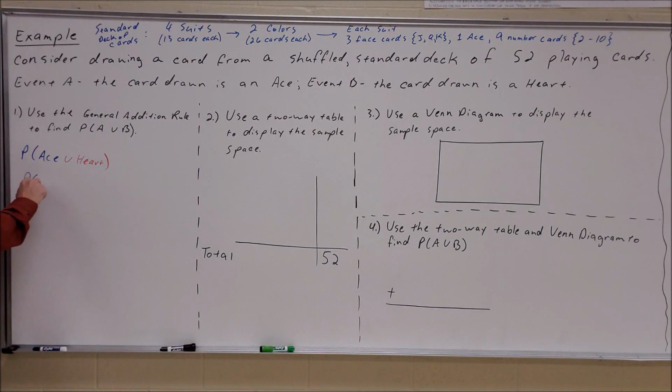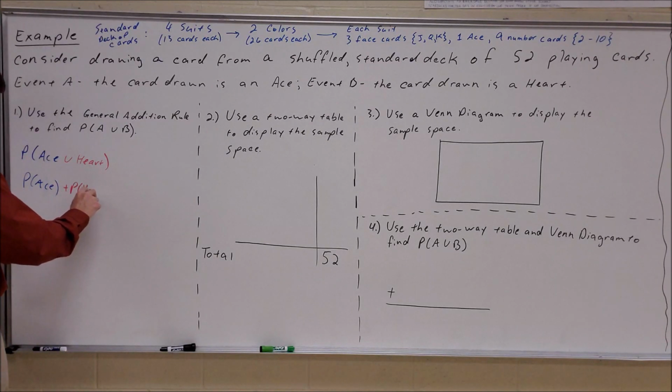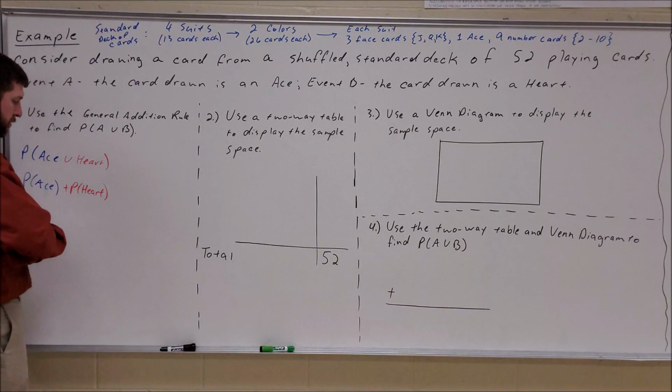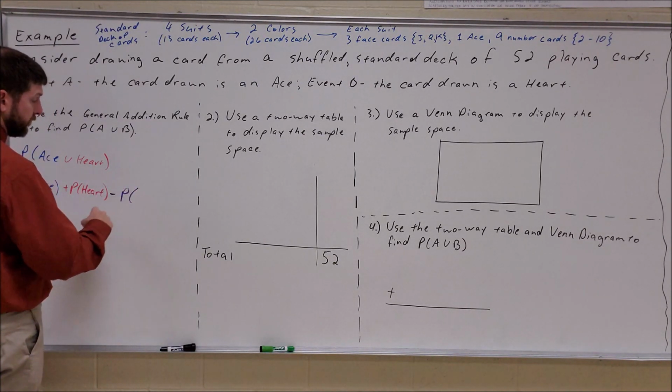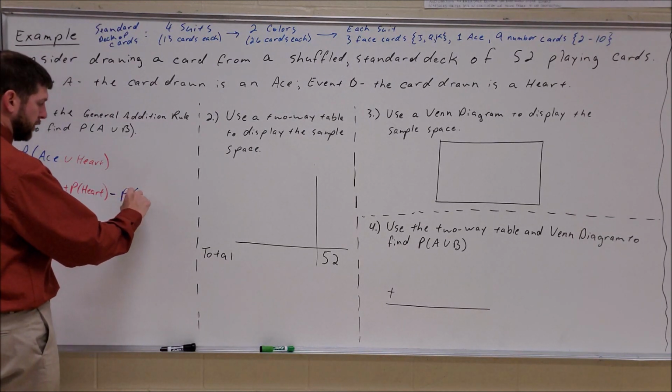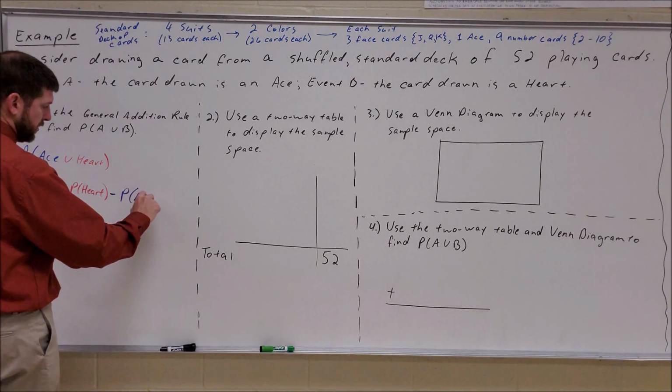So we do the probability of an ace plus the probability of a heart minus anybody that got counted twice. So that's the probability of both. And what's both? Well, both would be the ace of hearts.